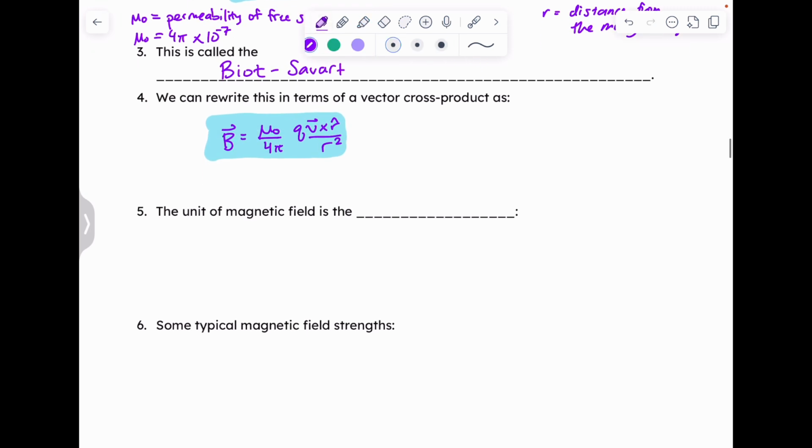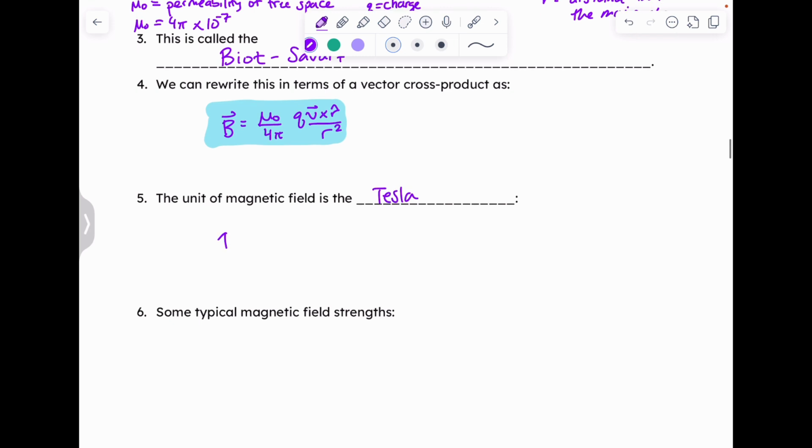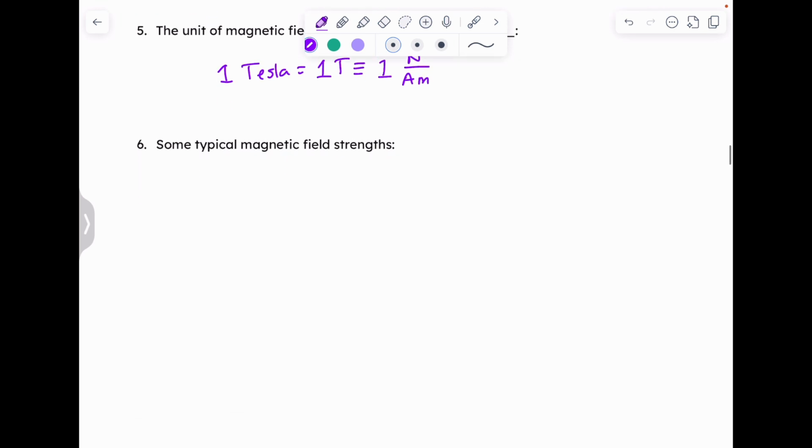The unit of the magnetic field is the Tesla. 1 Tesla, we write as 1 capital T. This is defined as 1 Newton per amp meter. Some typical magnetic field strengths: Earth is about 5 times 10 to the negative 5 Tesla.